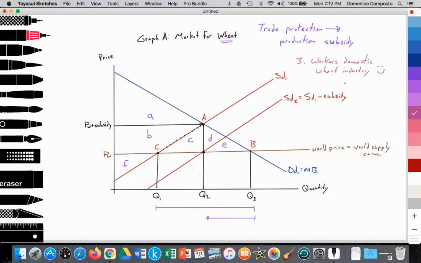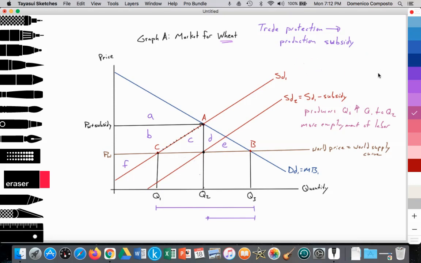Since producers have increased their output, quantity supplied has risen from Q1 to Q2, they will employ more factors of production such as labor. So there's more employment of labor due to the increased output. Okay, so workers are also better off.